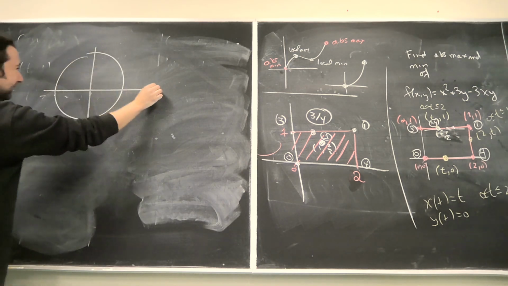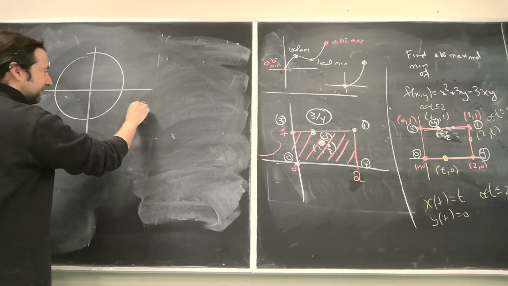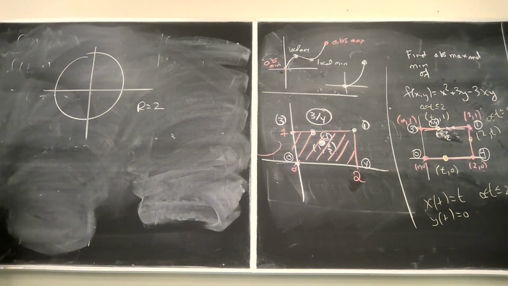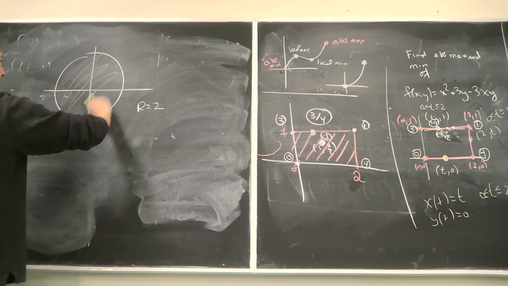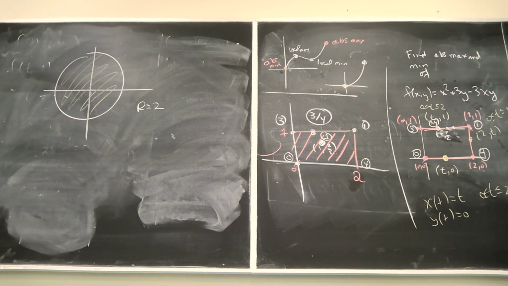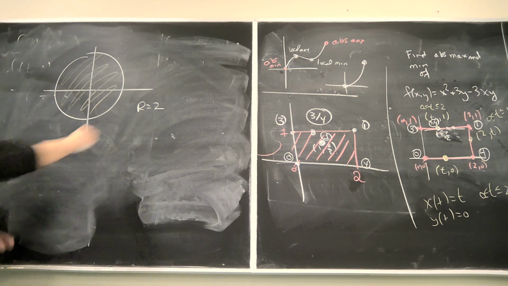There's a circle sitting in space. Maybe it has radius 2. Suppose I was trying to study an optimization problem where I had a function that I was trying to optimize on a disk. We'll do the setup, maybe we'll actually solve the problem.